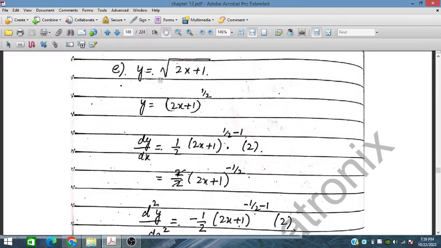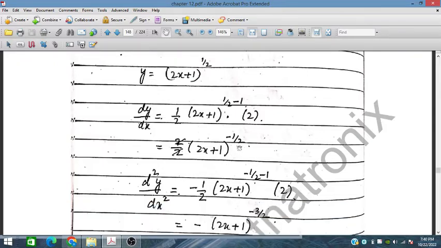1E. We have y is equal to the square root of 2x plus 1, and that is (2x plus 1) power half. We take the first derivative. This is half here, and then half minus 1, and then we take the derivative of this part. So the 2 by 2 cancel out, and this is (2x plus 1) power minus half.